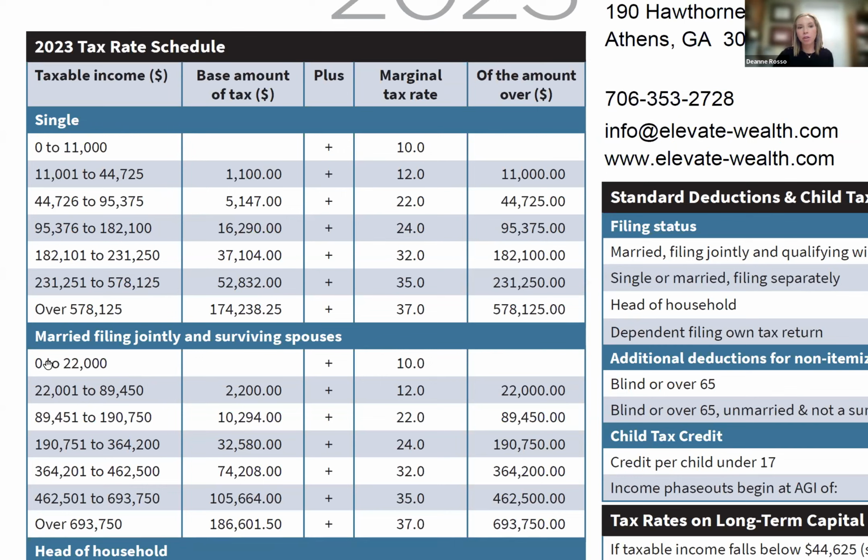Using a married filing jointly couple over 65 as an example, for rounding out the numbers, you've got $30,000 that just doesn't count right off the bat, which means a married filing jointly couple over 65 can make $52,000 and only pay essentially $2,200 in tax, because you only pay 10% on that first $22,000 over and above your standard deduction. It's important to know how your tax is calculated.